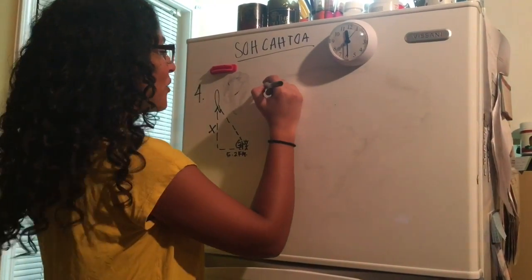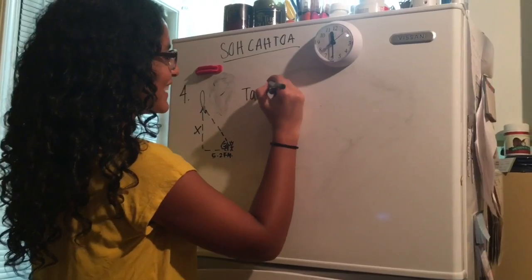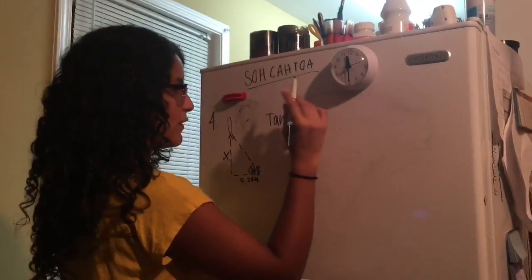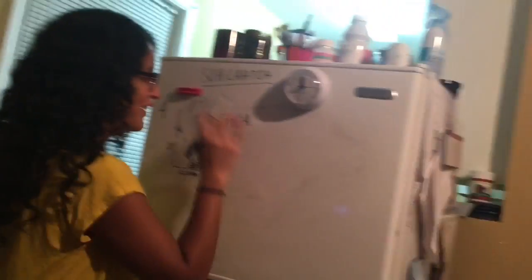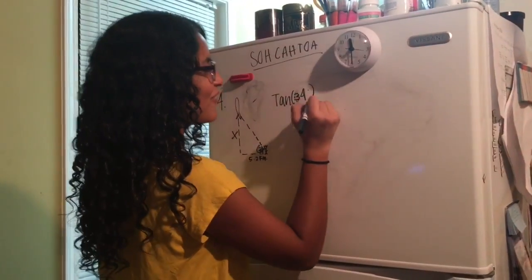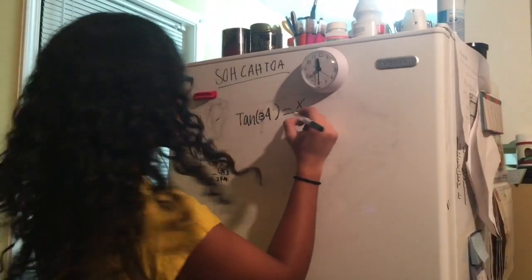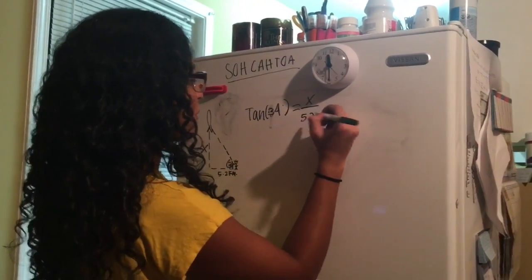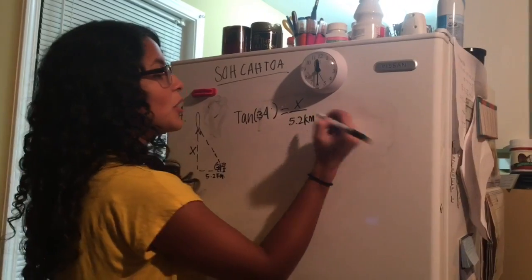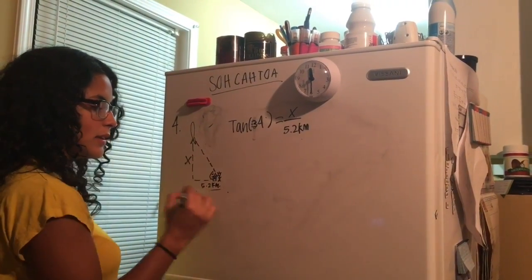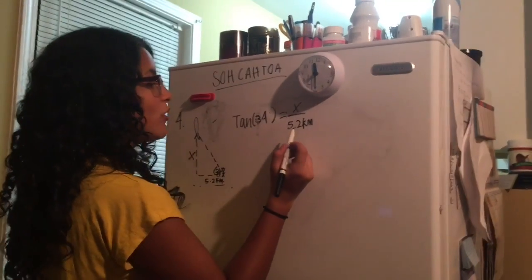So we're going to find the tangent of angle 34, which would equal x, which is the height, over 5.2 kilometers, which is the distance between you and the missile.